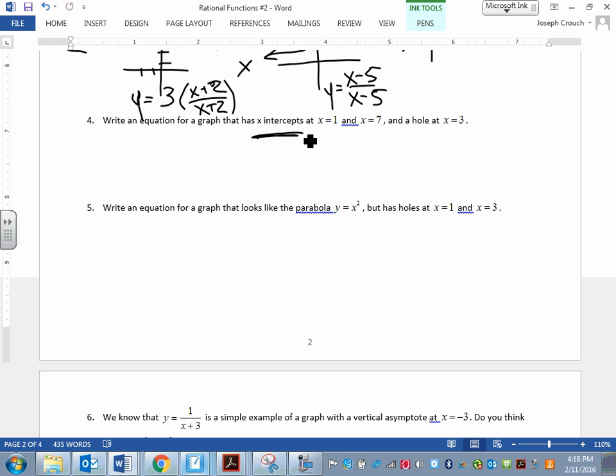So I'm going to tell you a couple different places in rational functions number 1 and number 1.5 that you can look for examples. If you go back to rational functions number 1 and go to the questions at the end, one of the questions said, when you multiply two graphs, when one of the graphs has an x-intercept, what do you know about the product graph?